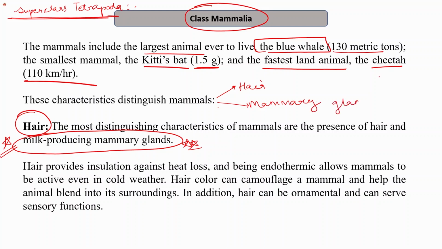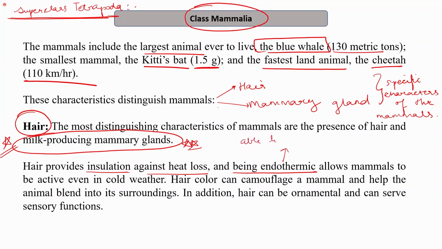So these are the specific characters of the mammals. Right? Hair provides insulation against heat loss, and being endothermic, they are able to regulate their body temperature.